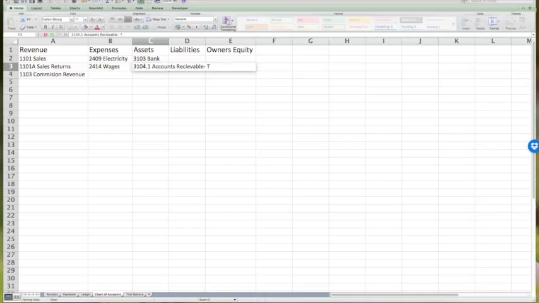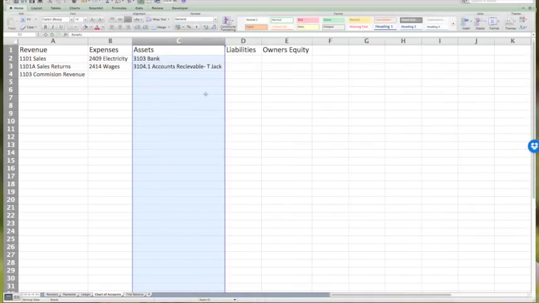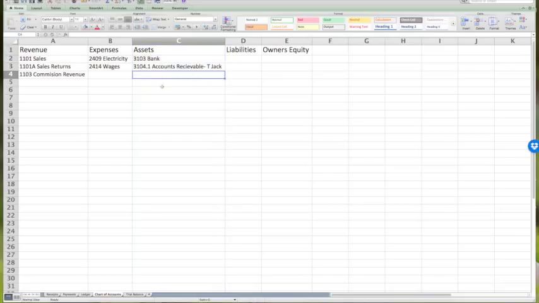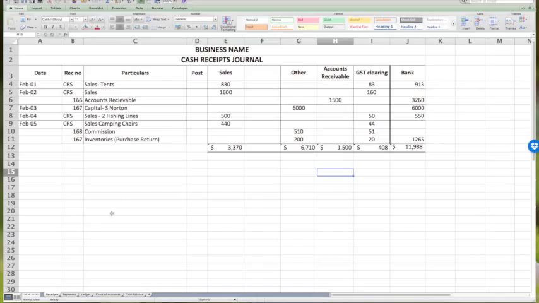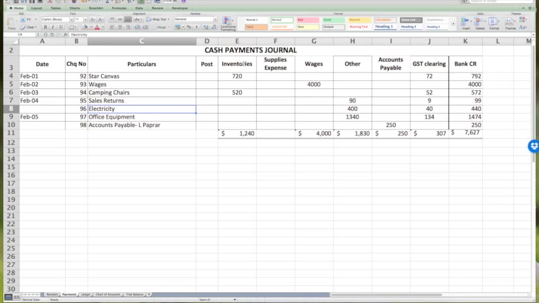And that accounts receivable was for a guy called T. Jack, so I'll pop that in there. Okay, don't see any other asset accounts in there.